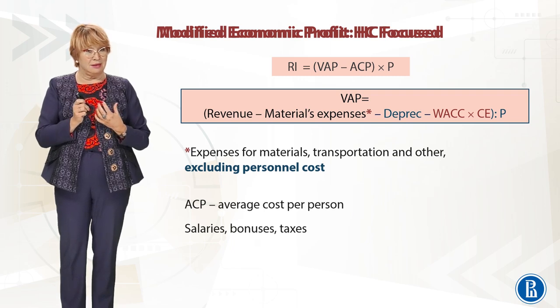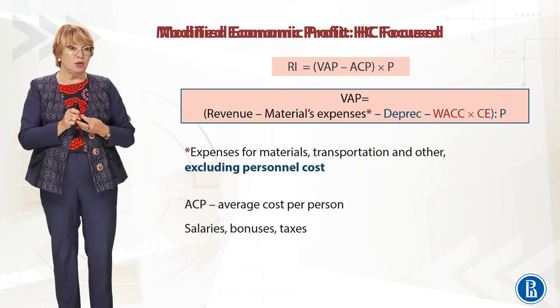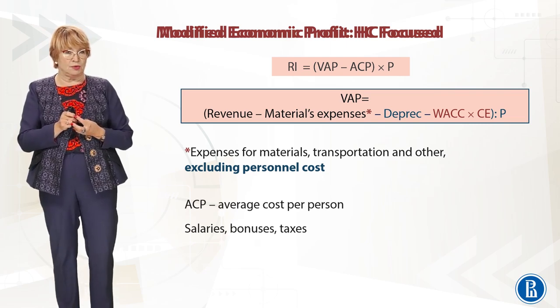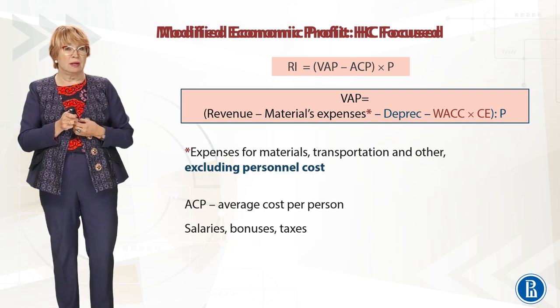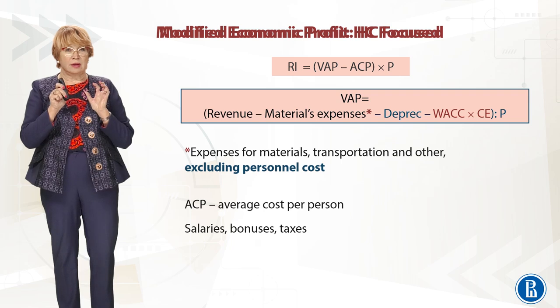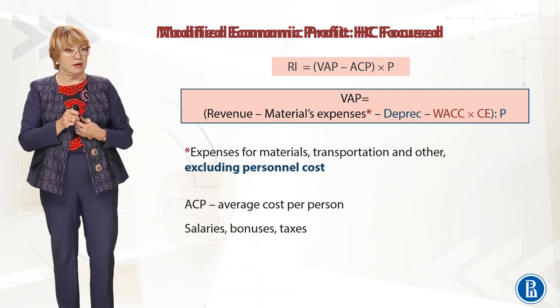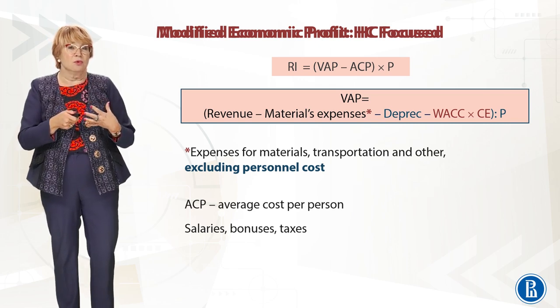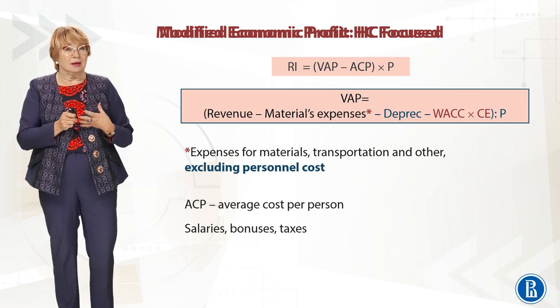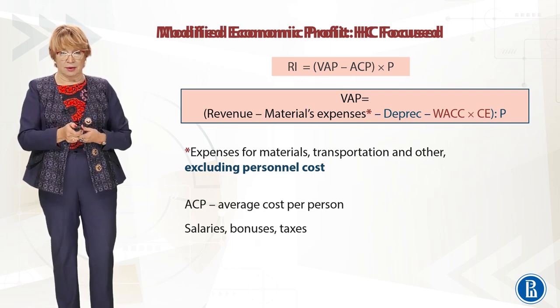It can now easily be presented that if you have value added per person well above average cost per person, then your major resource, which has the largest proportion in the cost structure of your product, is really efficiently used because it provides more value than it itself costs per person for the company.